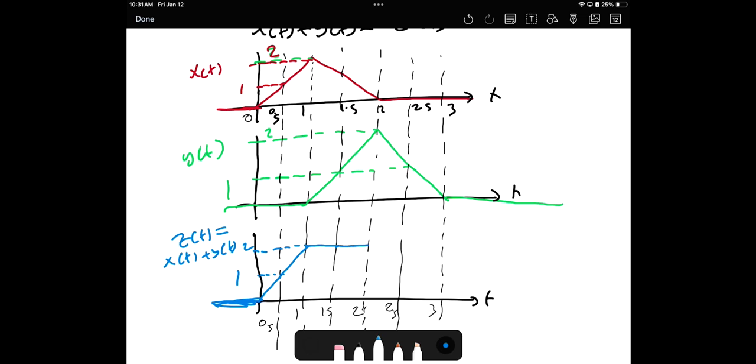Then between 2 and 2.5, this one is constant, this one is negative, therefore it will be a negative slope. And it will reach 1, because here you have 0 plus 1, 1. So it will reach 1.